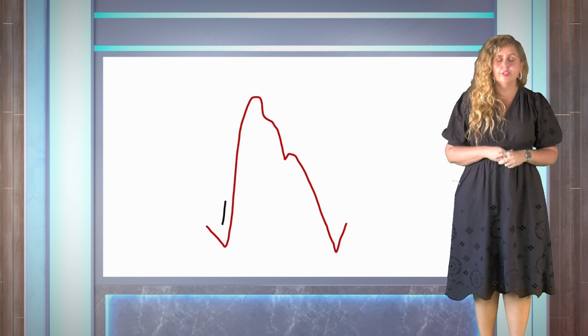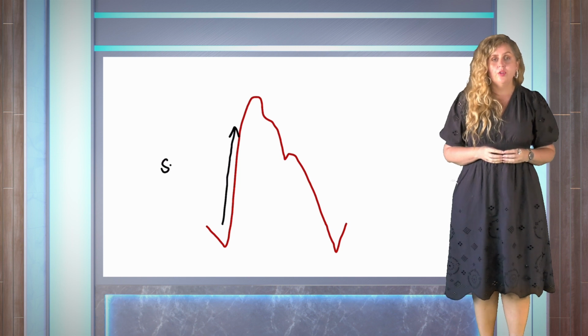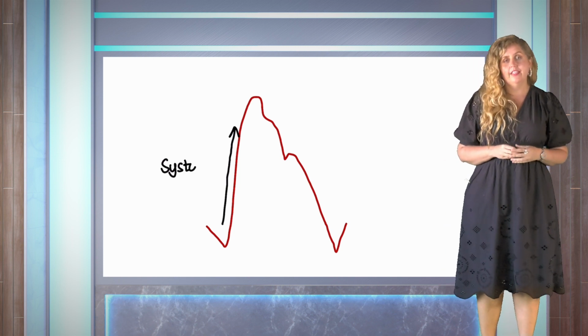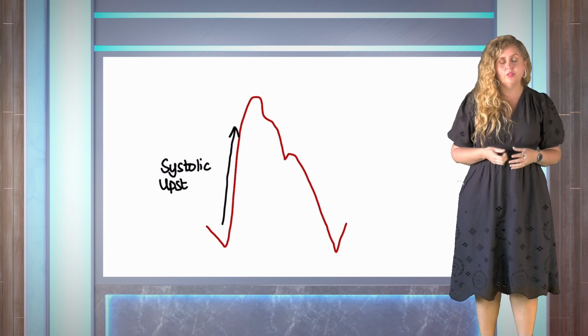Okay guys, let's have a look at the arterial waveform in more detail. So this first upstroke is all about systole. So when the ventricles contract, we're going to have a systolic upstroke.